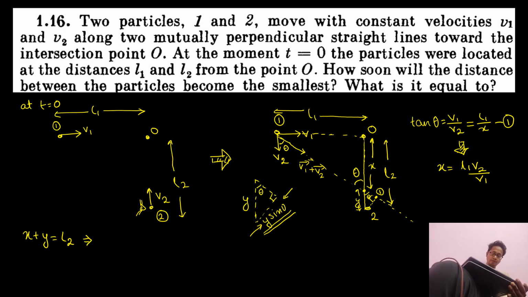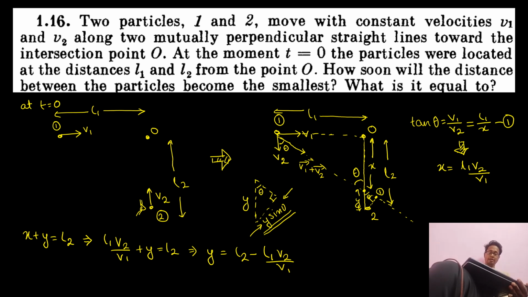So when I'm substituting this value of x here, what do I get? L1 into V2 by V1 plus y is equal to L2, or y is equal to L2 minus L1 into V2 by V1.